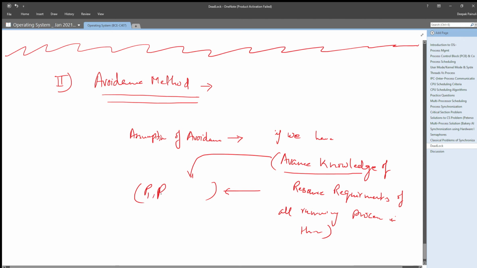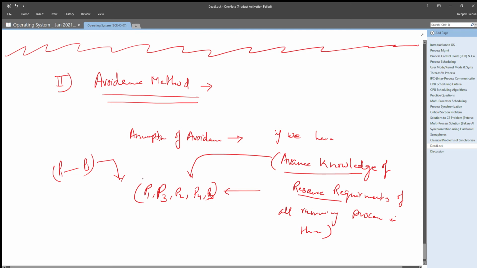process execution, such that, let's say we have processes P1 to P5 in the system, then we are simply using the advanced knowledge of resource requirement of all the processes. What it means is all the resource requirements of P1 to P5.